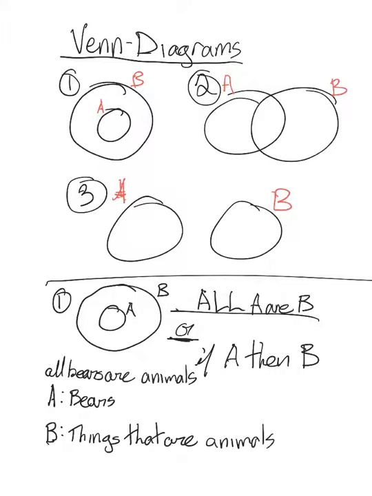Therefore, you can clearly see that bears are considered to be an animal. So then this would be your bears, and these would be things that are animals.